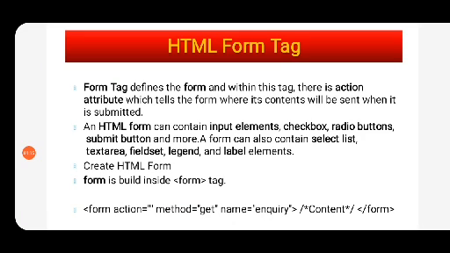The HTML form tag defines the form, and within this tag we can have the action attribute, method attribute, and many more. The HTML form can also contain the input elements: checkbox, radio buttons, submit button, select list, text area, field set, and many more.